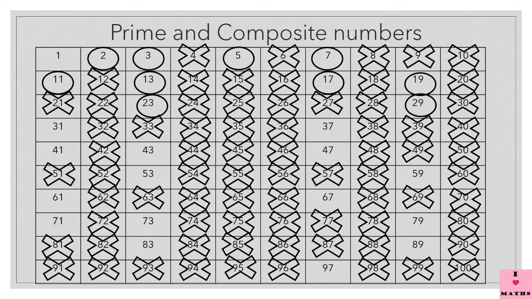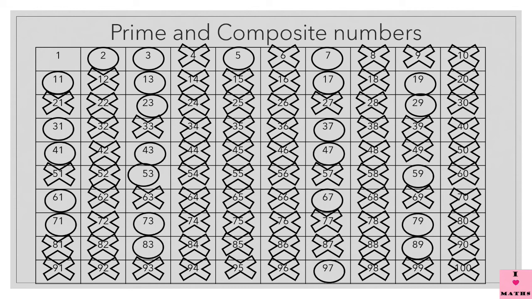I will again encircle 31 and cross its multiples. Okay. Actually, I have encircled all the remaining numbers since the multiples of 31 and all these prime numbers have already been crossed and only the prime numbers were left.